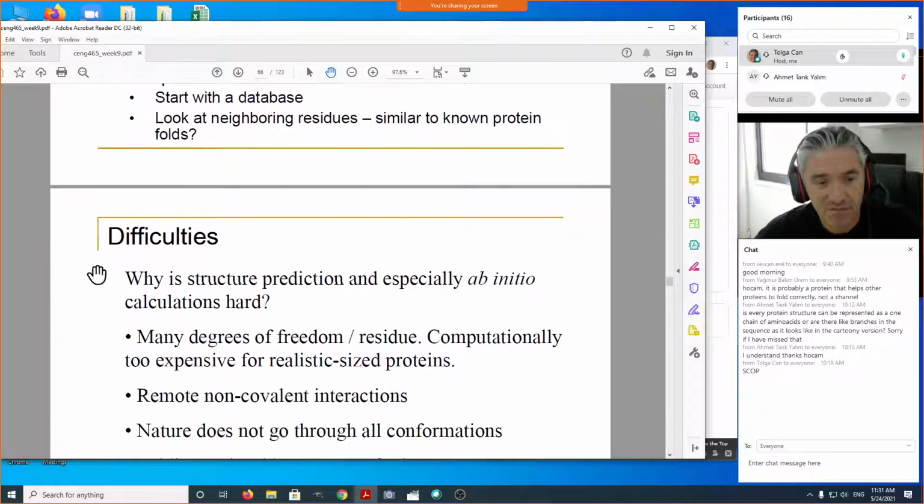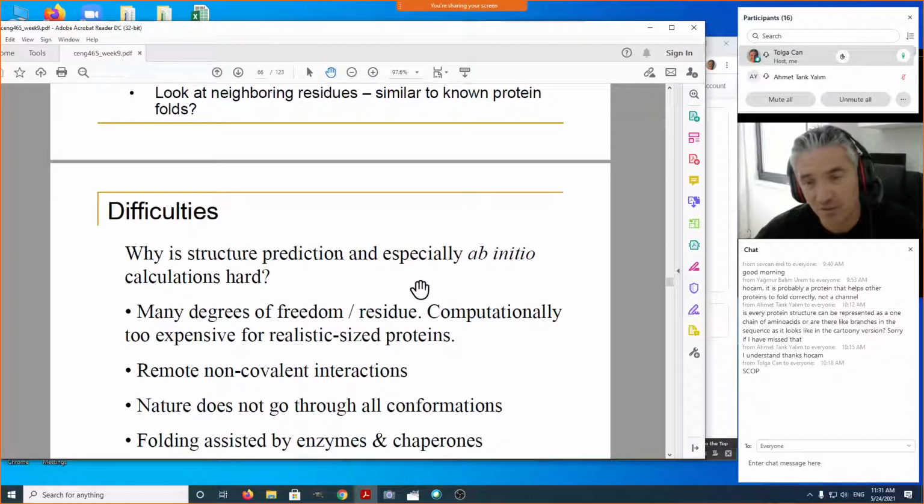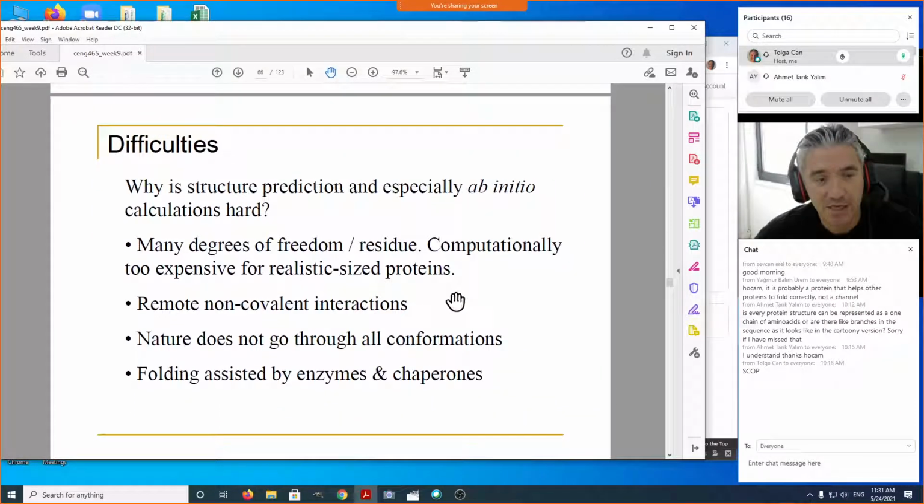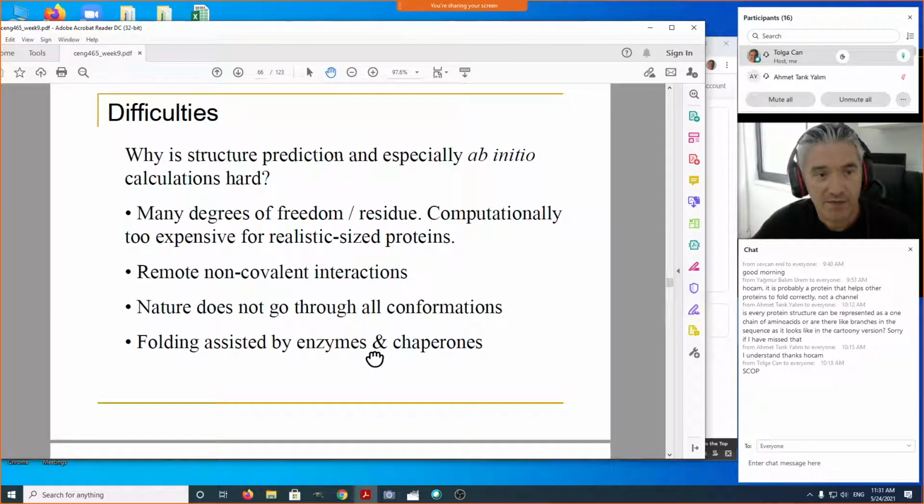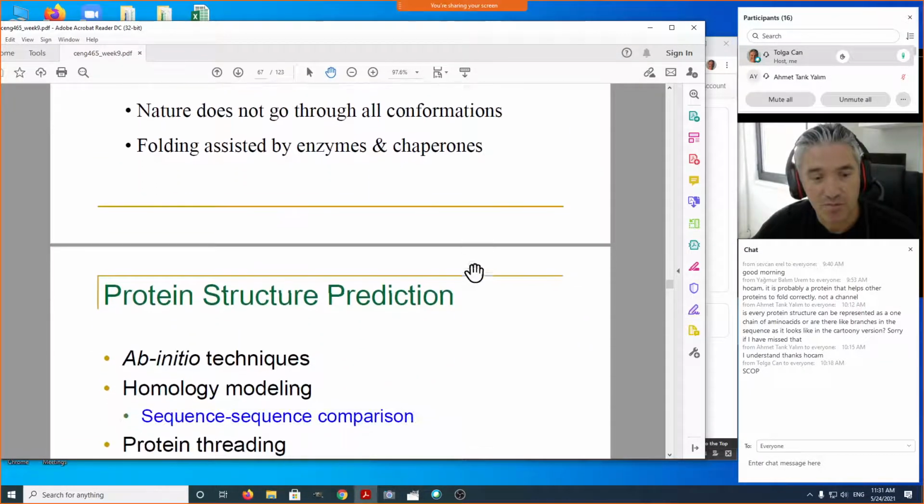Since the search space is huge, ab initio methods only work for small proteins. And this is a difficult problem because there are global interactions between amino acids that are far away. And that's all you need to know about ab initio models.